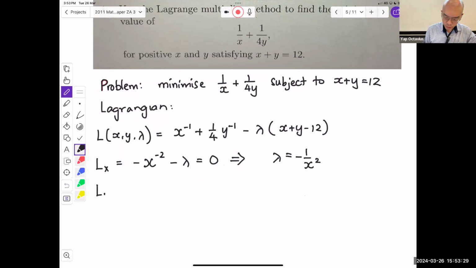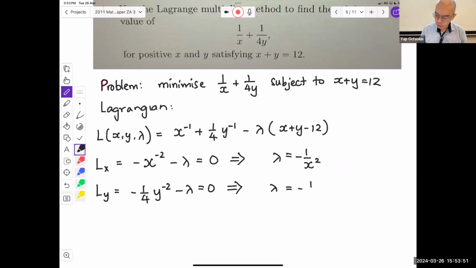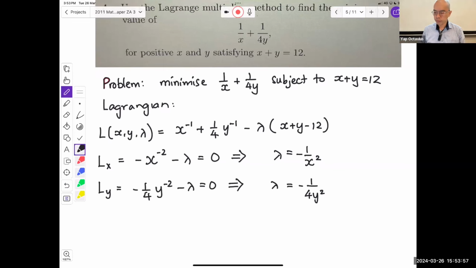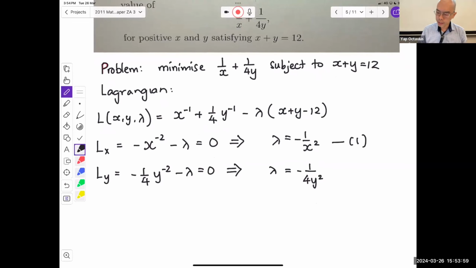Okay, the next one, negative 1 over 4y squared. So this lambda is equals to negative 1 over 4y squared. Okay, so we have equation 1, equation 2. So the one with lambda now, set it to 0, return the constraint.